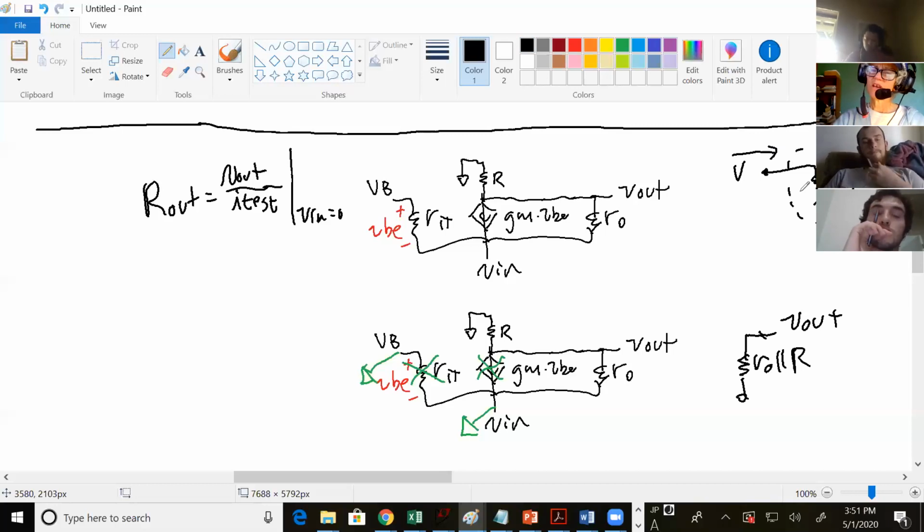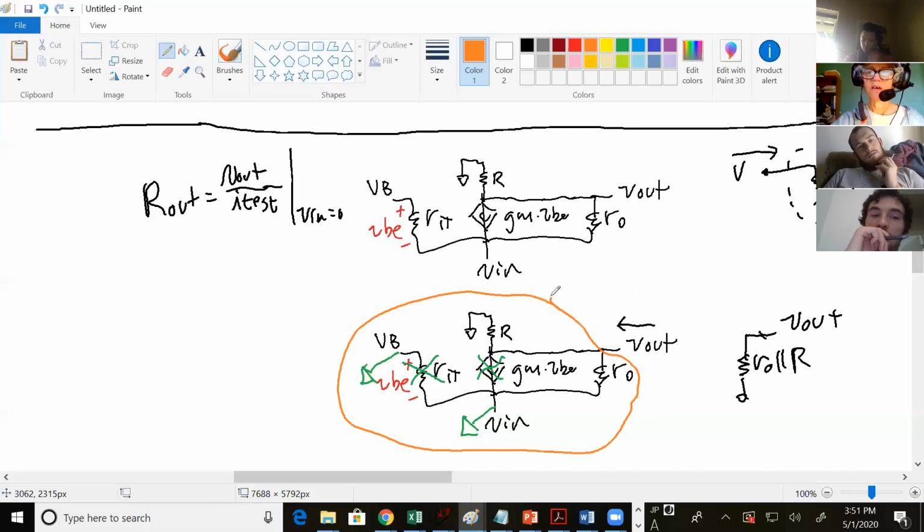So when you're finding R out, you don't use I out, the current going in that direction. You're looking at this whole thing as a mystery box, and you're trying to figure out how big a resistance this looks like. So you actually put I into your circuit, just like you did here. You put I into the black box to try to figure out what the resistor is. I wanted to give it a different name than I out, so I just call it I test.